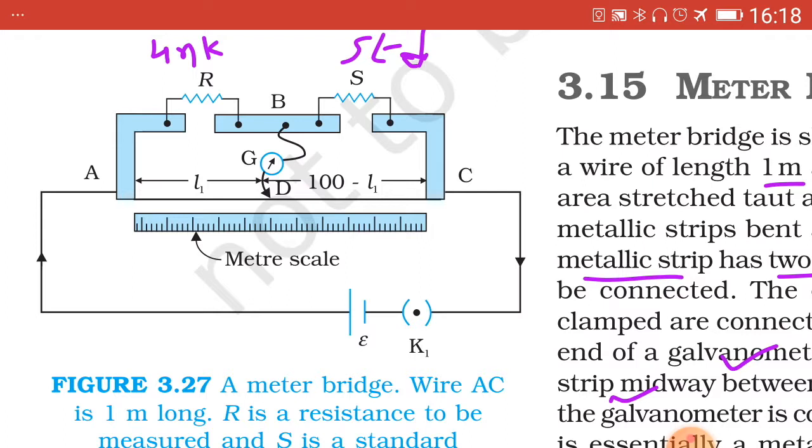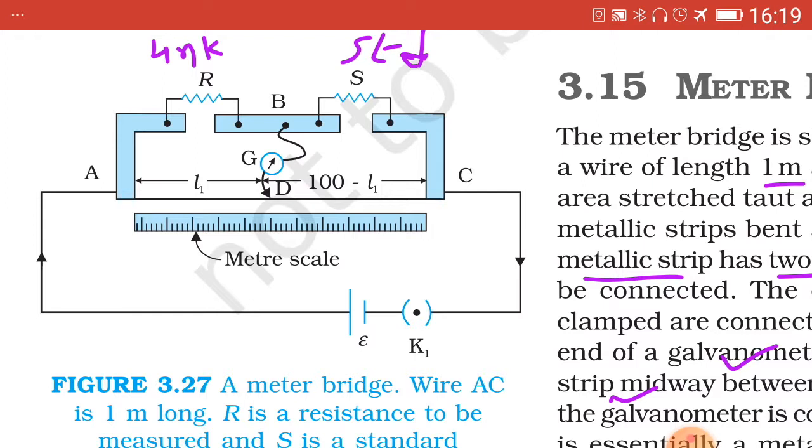Now across the first metallic strip and the second metallic strip, resistance R, which is unknown and whose value has to be found out, is connected.